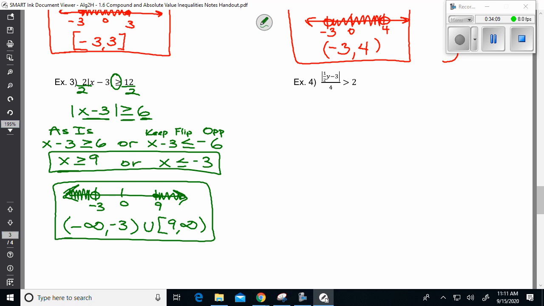It should not. That's my fault. That turns to the right. Thank you for catching that. Any questions on example 3?